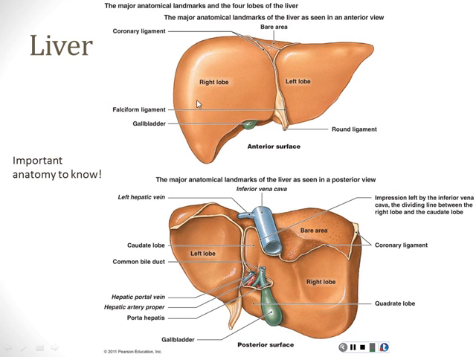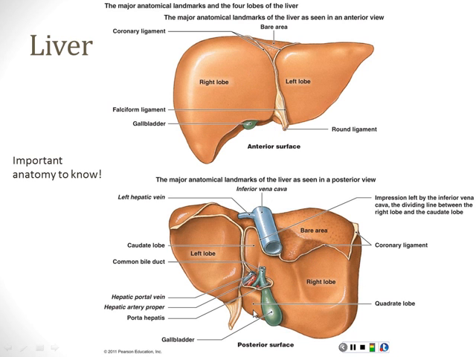All right. And then from the front, we see the gallbladder, its fundus, or its dome-shaped top, just sticking out here from underneath. So right lobe, left lobe, falciform ligament. On the back, we can see the other two lobes.